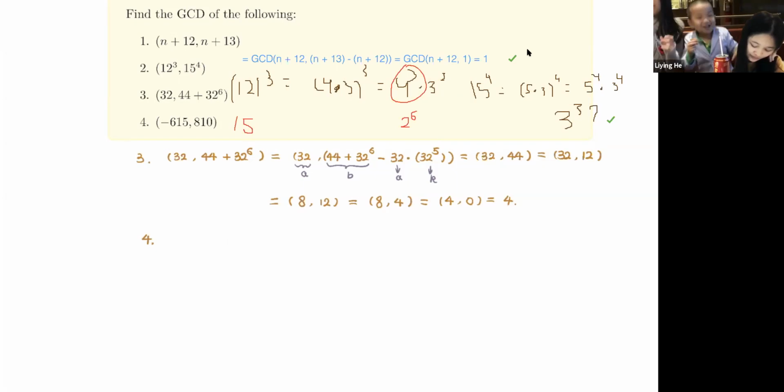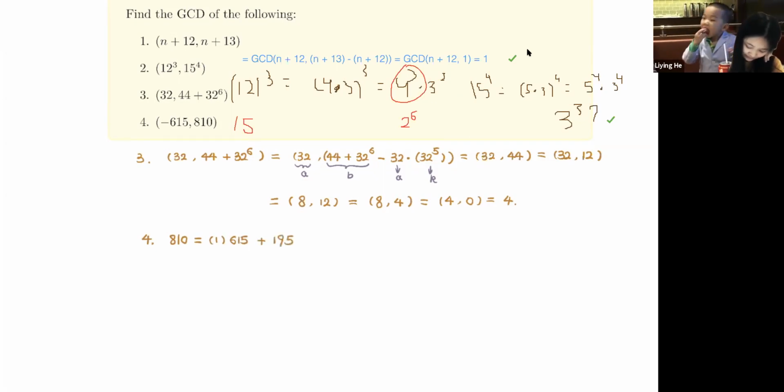I'm going to start with the bigger number, which is 8, 10. 8, 10 equals 1 times 6, 15 plus 195. Then you put this number here and this number here, so you'll get 6, 15 equals a number times 195 plus another number. That's going to be 3 times 195 plus 30.